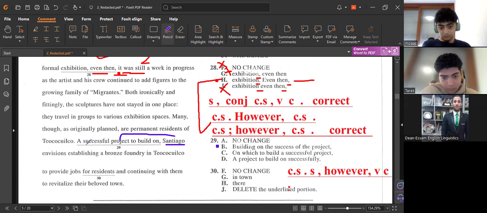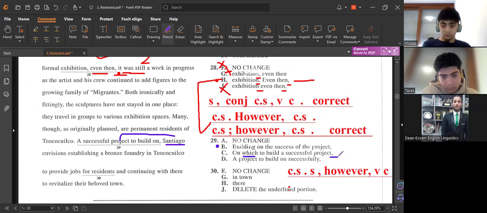Why? Because he put a positive phrase at the beginning. But this information describes who? Santiago? Okay, but here you said Santiago's project. Wait, on which to build a successful project? On which to build? There is a switch here. So we need a comma.